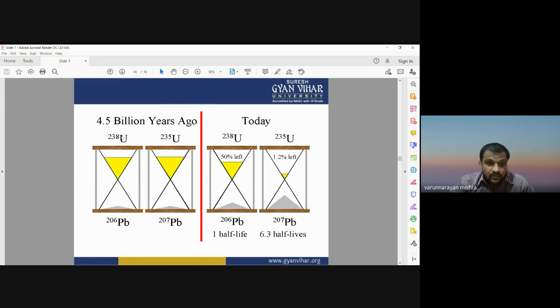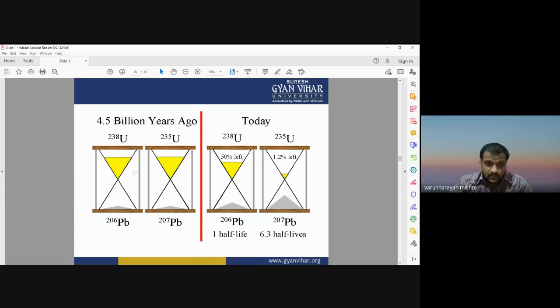Here you see, this is uranium. Uranium is a radioactive element. Its mass is 238, and its isotope is Pb, which has a mass of 206.